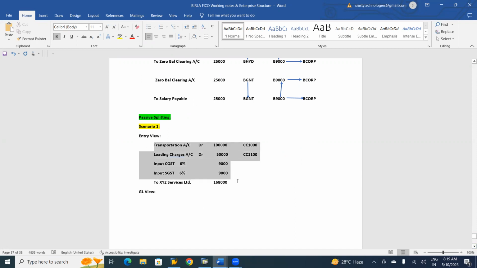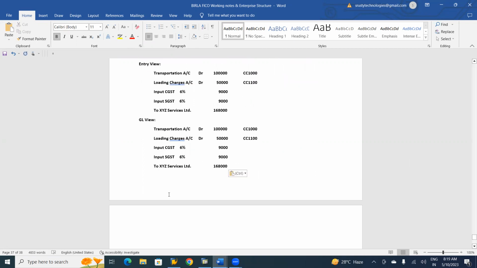And how it's going to be updated in GLB. I'm copying this. Okay, I'll write in the next page.